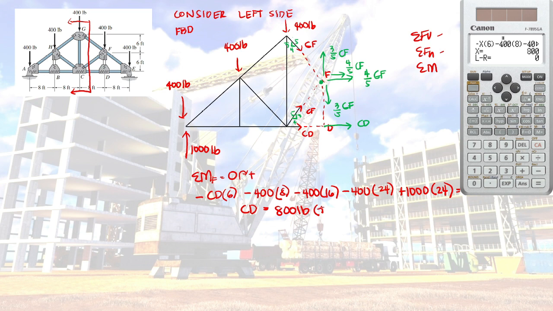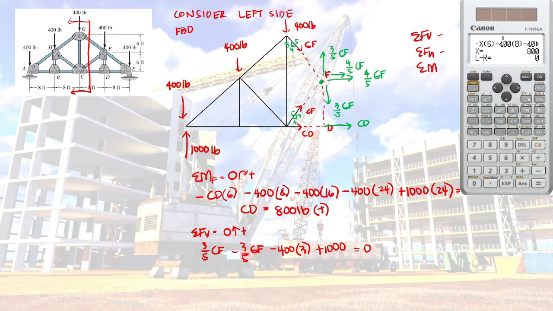Yan, positive, so tension. Okay, then afterwards, summation forces vertical or horizontal. So, dito kasi, simultaneous ang solution. So, either which, you can do summation forces vertical or horizontal. So, summation forces vertical, 0, upward positive. So, this would be positive 3 over 5 CF, then minus 3 over 5 GF, minus 400 times 3, then plus 1,000.